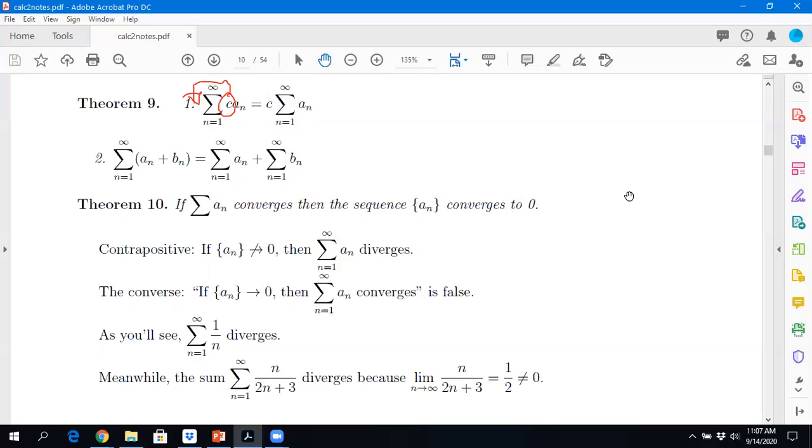Now, we're going to start talking a little bit more loosely about the notation of series, because does it really matter whether I start at 1 with a series or not? Do I have to start with n equal to 1? Does the first term always have to be a1 necessarily? No, because when you talk about convergence of a series, the first so many terms don't really matter anyways.